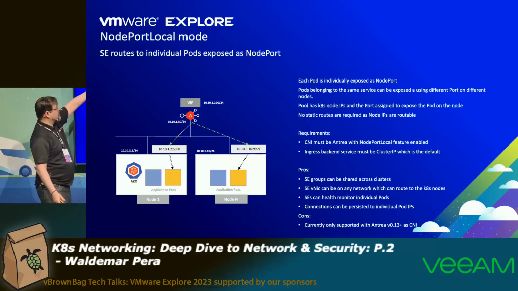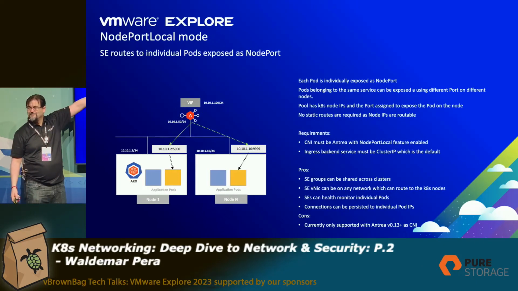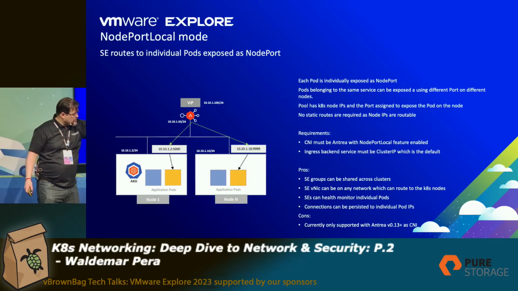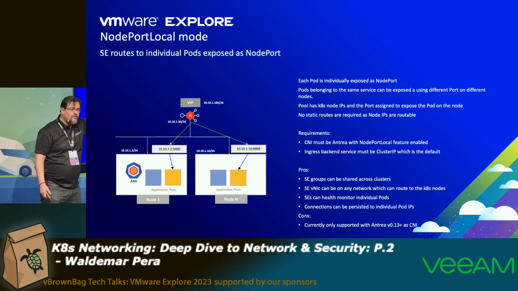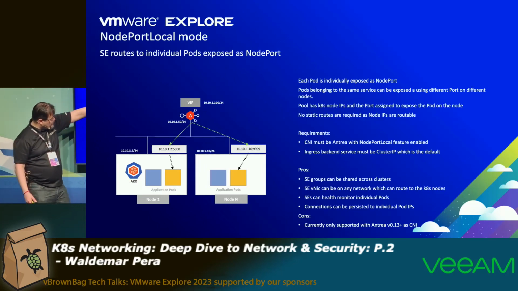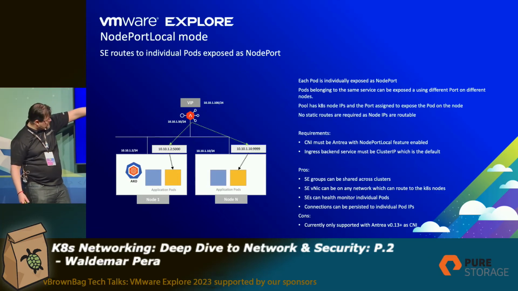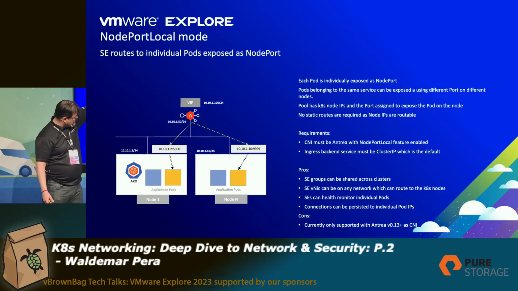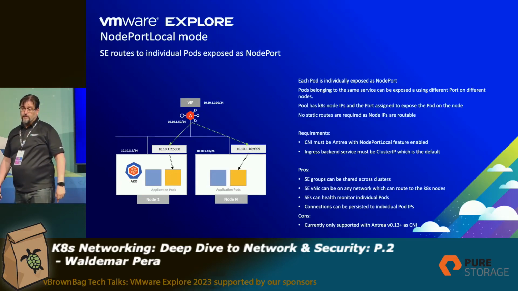The third option is with Antrea. With Antrea you don't know the IP of the pod, but it creates a destination NAT only for this pod, only on the worker where the pod exists. So now my server pool is this IP with this port, and it sees the pod directly, regardless of the IP inside the pod.